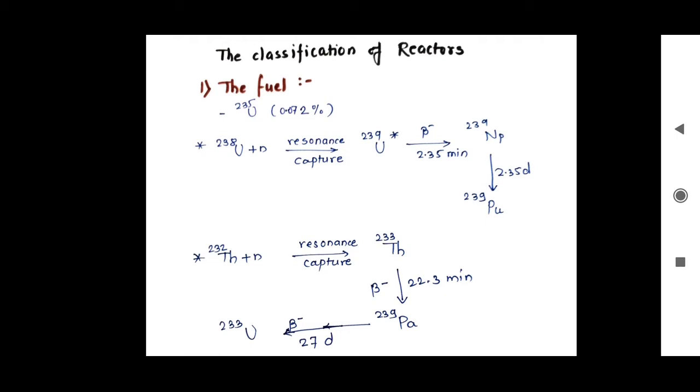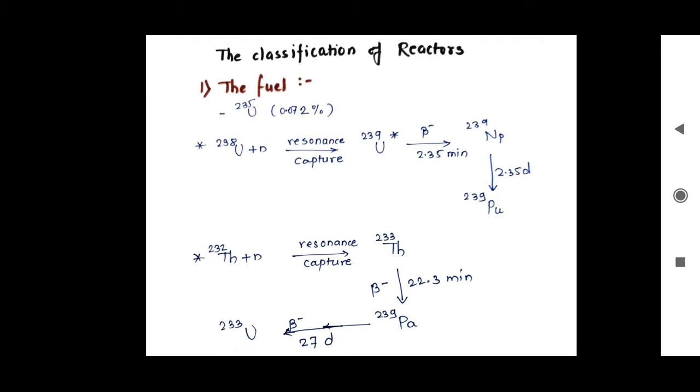After 2.35 days, this neptunium-239 decays, forming plutonium-239. This is the reaction in the formation of plutonium-239, a substitute to uranium-235 as a fuel. Plutonium-239, uranium-233 and uranium-235 are all used as fuel for the reactors.